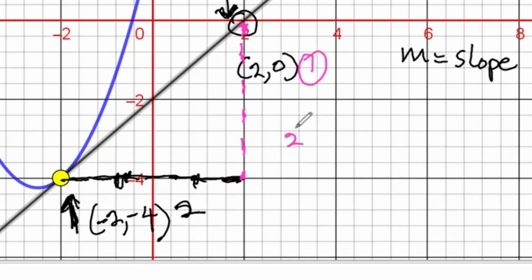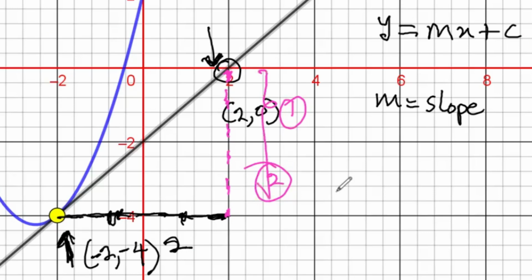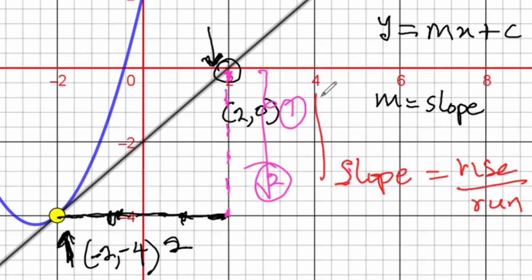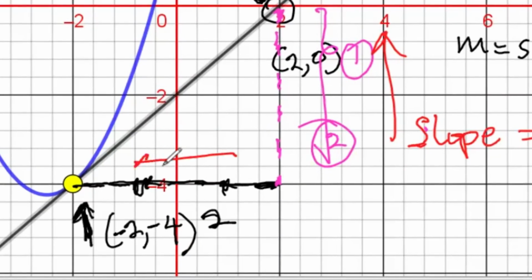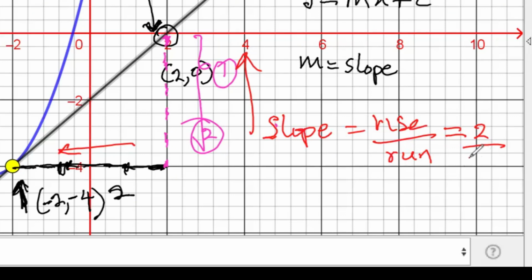This is 1, 2. So our slope is going to be rise over run. The rise is the vertical distance here, which is 2, and the run is this horizontal distance, which is also 2 units. So our slope is 1.